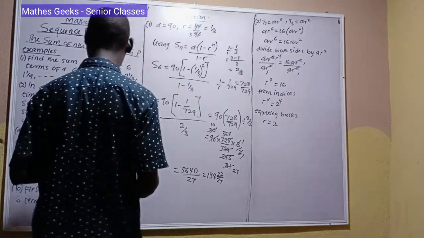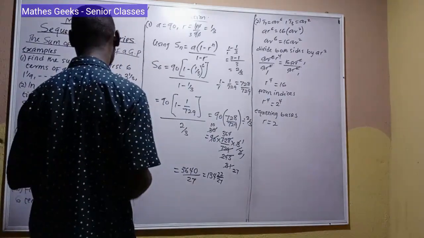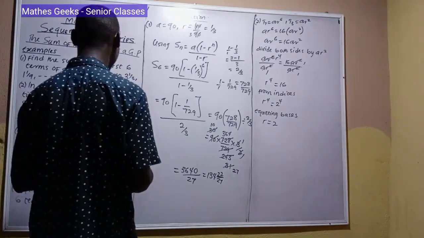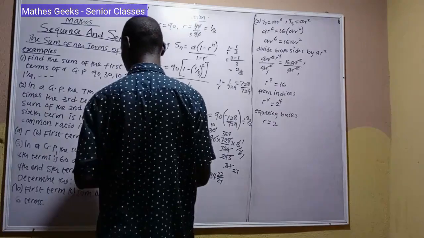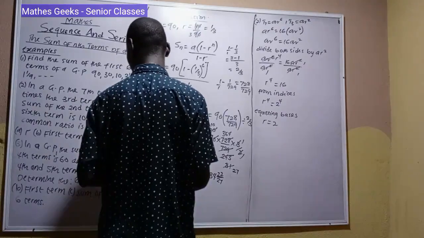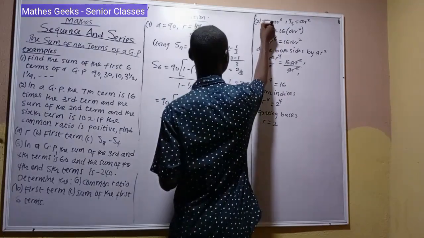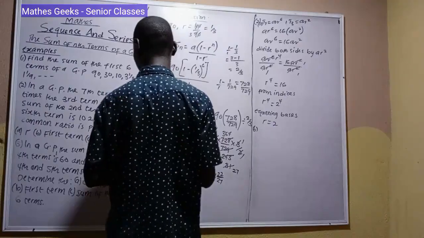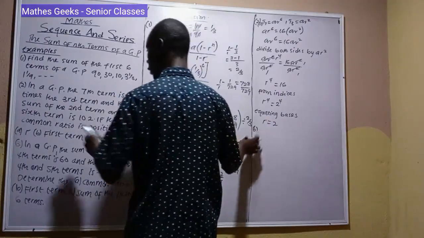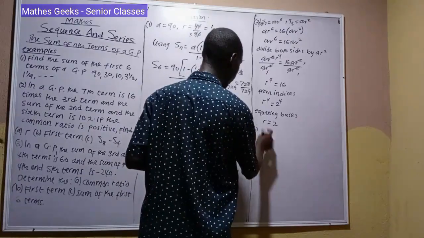The question says that the sum of the second term and the 6th term is 102, and the common ratio is positive. So part A is the common ratio, and B is the first term.